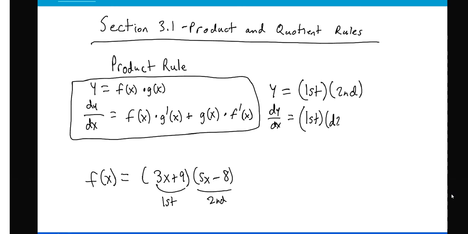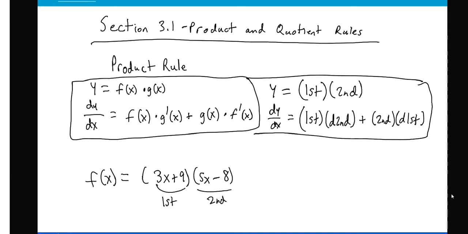So I'm going to use d second to indicate derivative of the second, plus the second times the derivative of the first. And we can stop right there. This is the same thing that they're saying here on the left side of the screen, just in a bit more layman's term notation. Most people remember this rule with this mnemonic: first d second plus second d first.